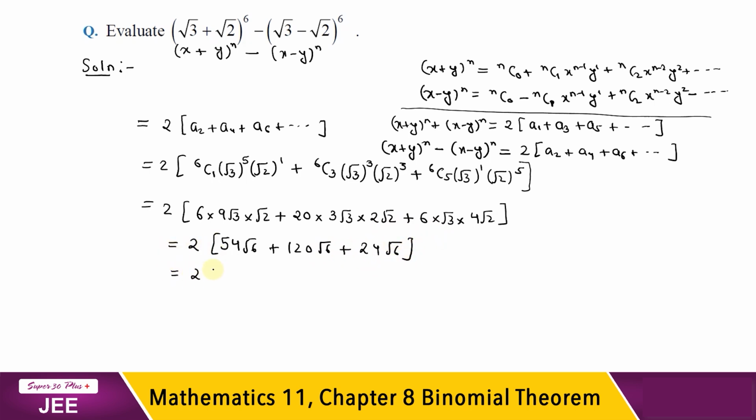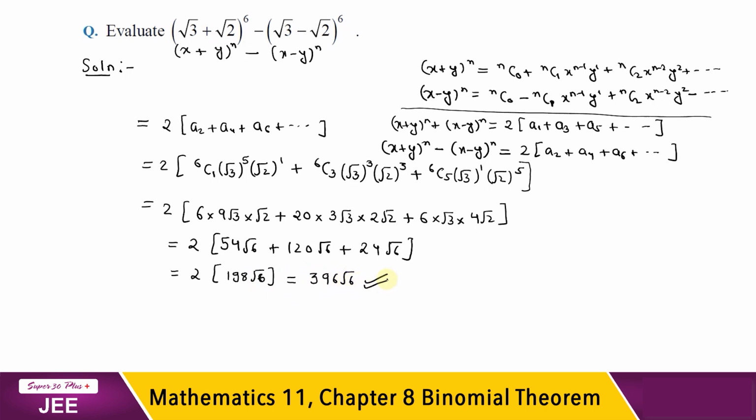So this becomes 2 times (54 plus 120 plus 24), which is 198. So this is 198 root 6. So in all, this gives us 396 root 6.